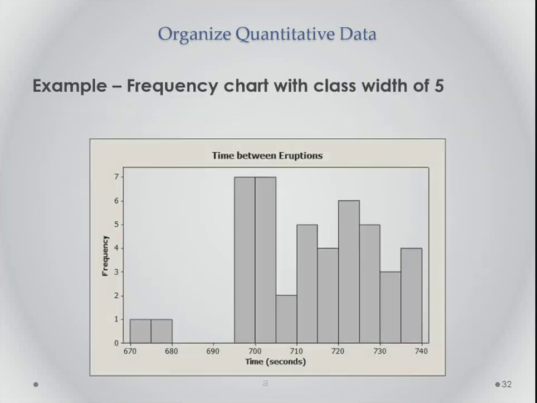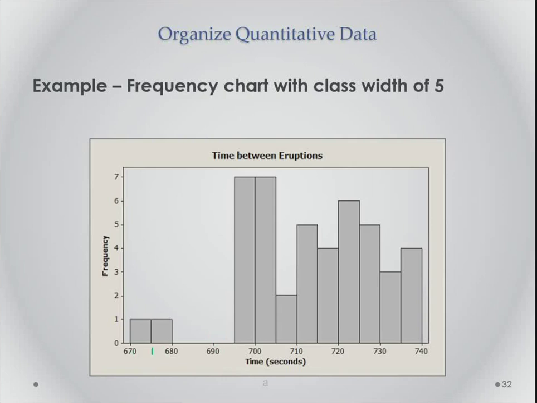But what we get is a different chart. The frequency might be smaller, so this y-axis might be a different number because you have smaller classes, you could have fewer in there. But the interesting thing is we still have between 680 and 700, we still don't have anything there.